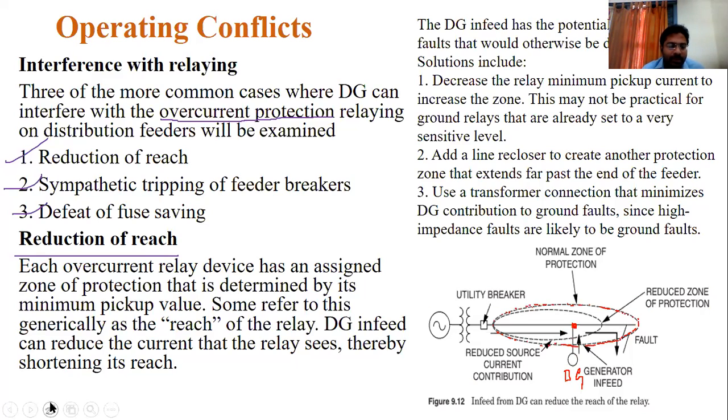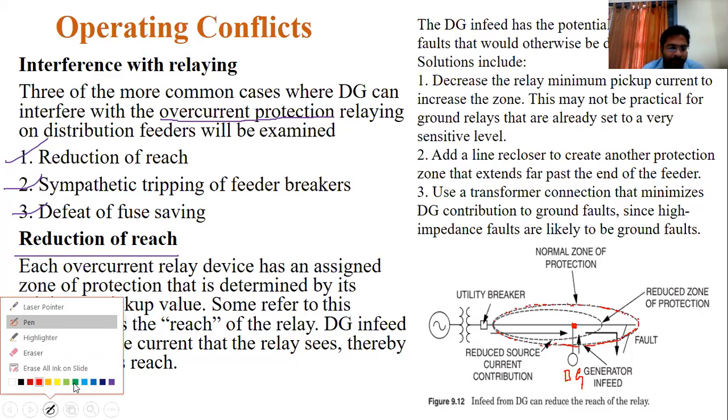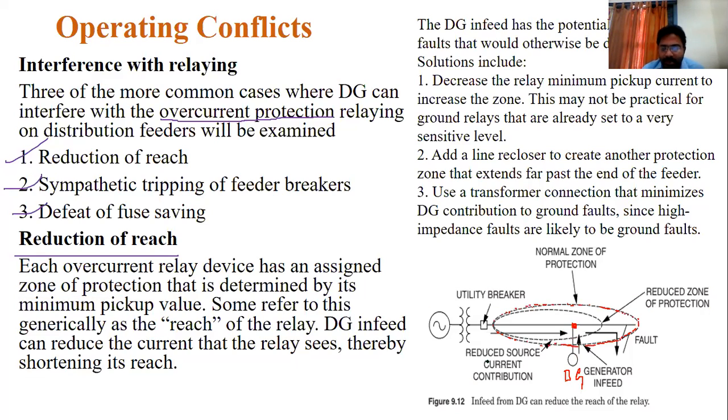You can see this green color, the range, the sensing range of that relay is reduced. In electrical terminology we call it the reach. The meaning is the reduction of the reach: the fault identifying range of that relay is reduced.